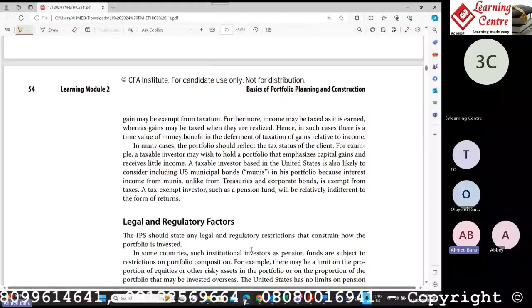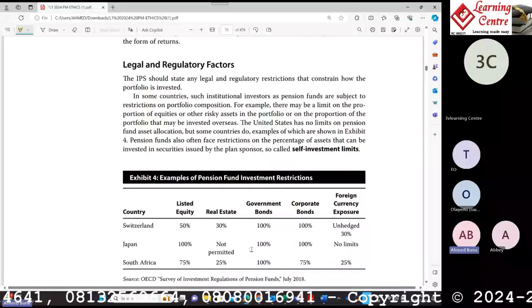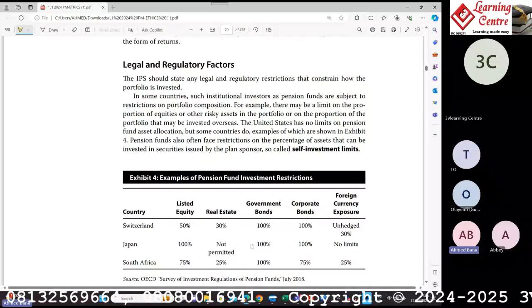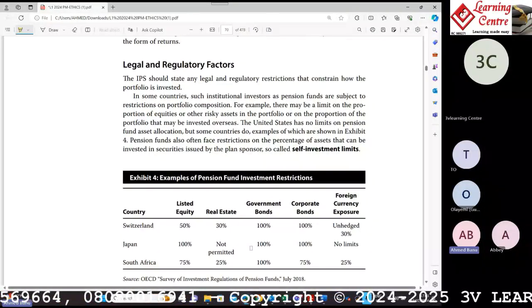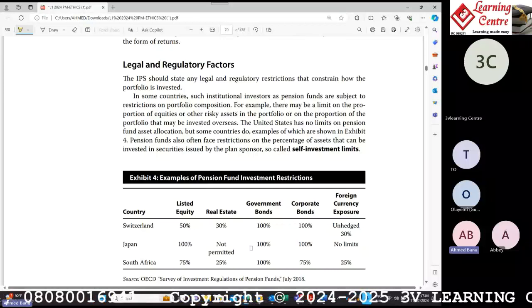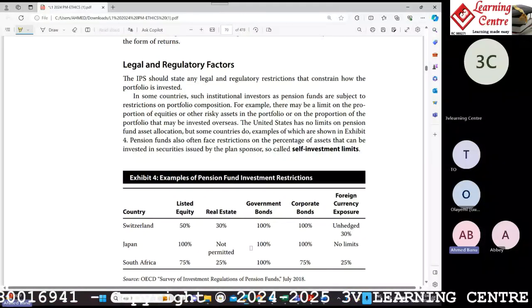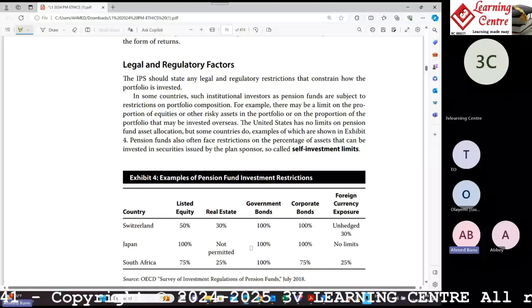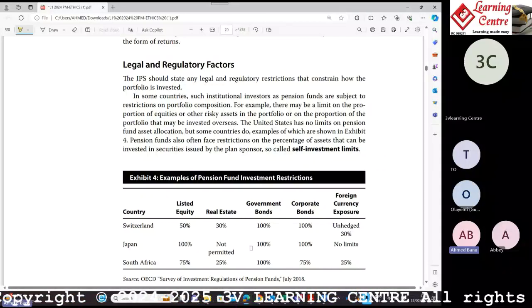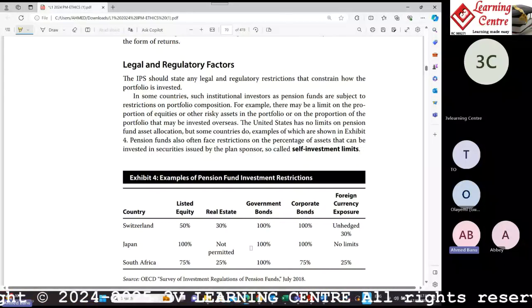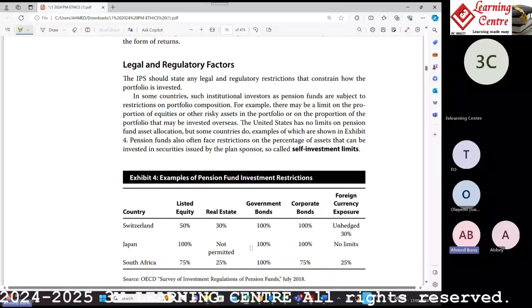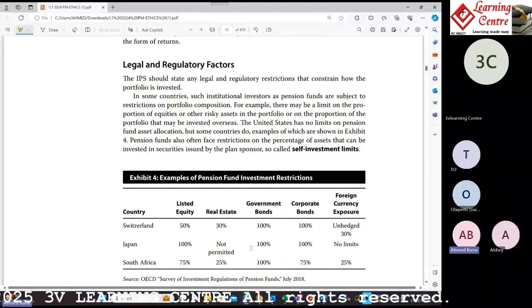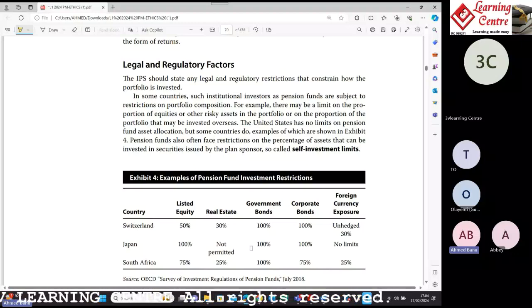Okay. Now, the next is legal and regulatory factors. This is where you need to understand the regulation, how the law affects your clients, how you have to, for the purpose of that client, comply with certain laws that are applicable to that client. Most times for individuals, you really don't see this being something that jumps at you. But for institutions, it jumps at you.